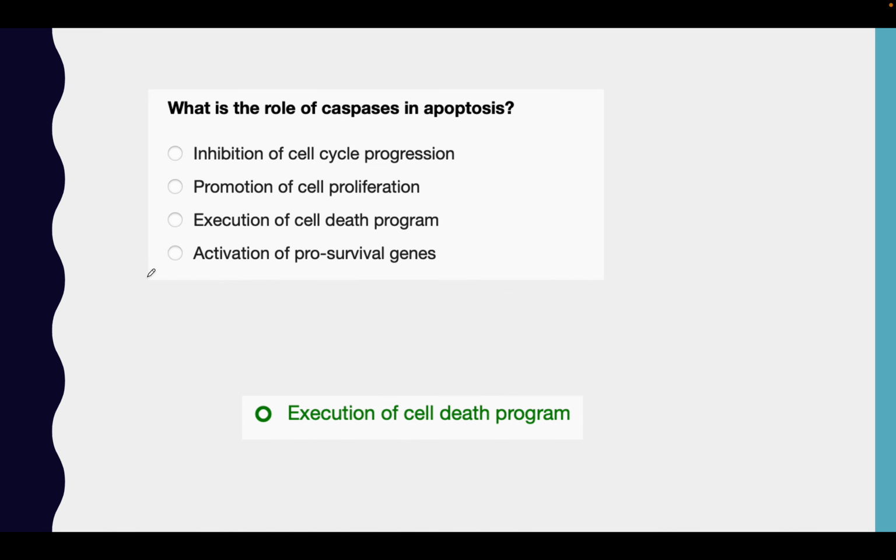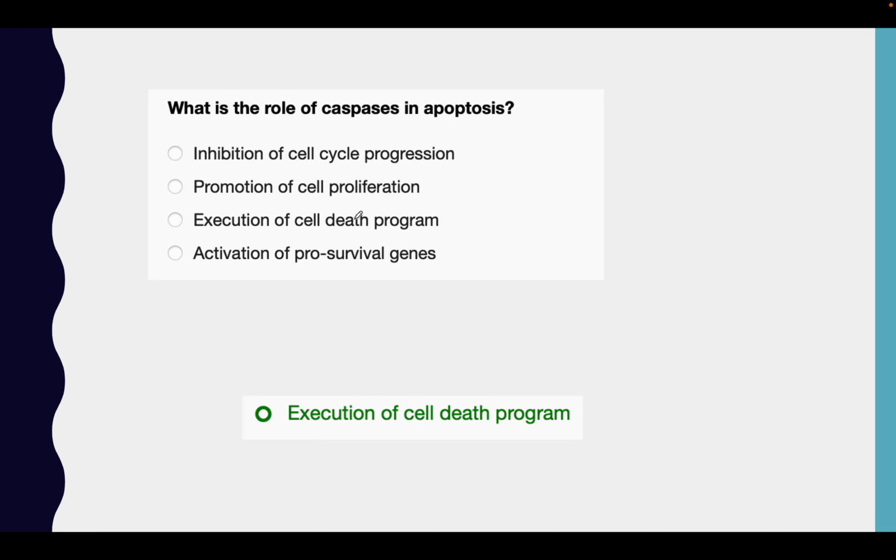It is not promotion, not activation, not inhibition, it is execution. Okay, the role of all caspases comes there. Although initiation is by caspase 3, caspase 9 and 3 are all present there. So they play a central role in execution of the cell death program during apoptosis and act as protease that can cleave specific proteins to trigger the morphological changes which are associated with PCD.